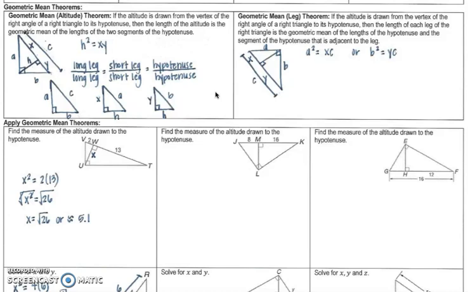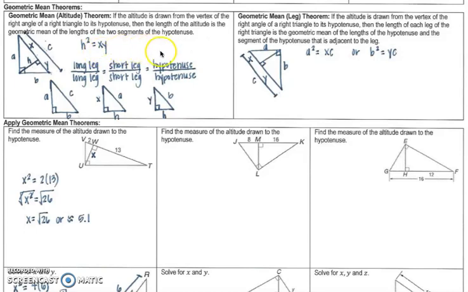And that is, I can always rewrite my triangles, and that's what I did here, and then do the long leg over the long leg equal to the short leg over the short leg equal to the hypotenuse over the hypotenuse. So just looking at my corresponding sides and solving for lengths that way. The nice thing about the geometric mean theorems is it allows you to skip a whole lot of steps because it's just two really short formulas. So knowing that the height squared is equal to the hypotenuse's segments multiplied together saves you tons of time.